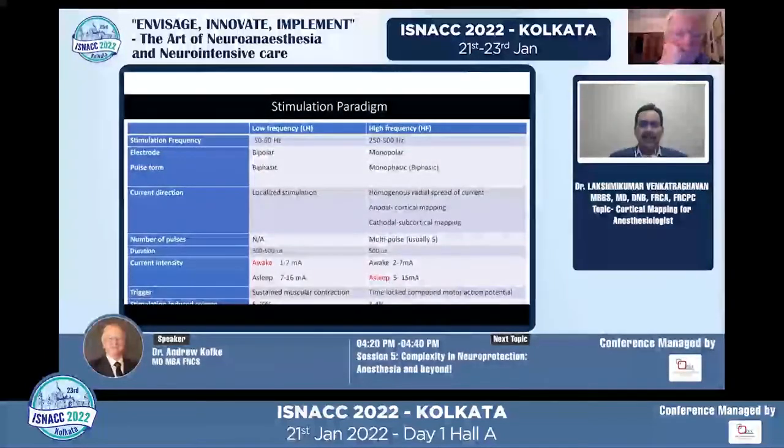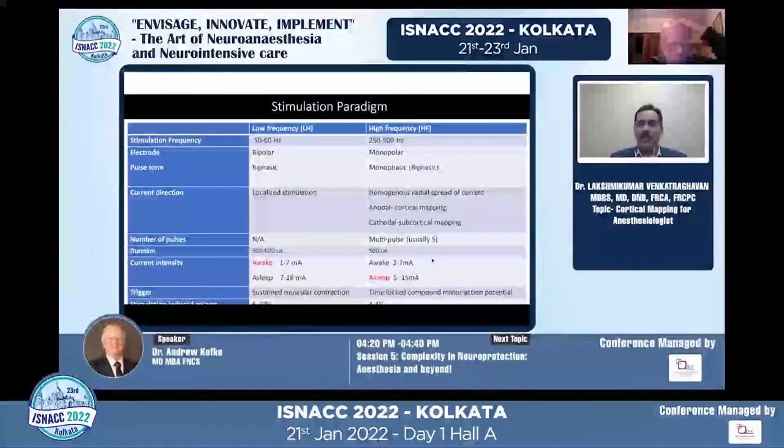As you also notice, there are different types of electrodes and different types of pulse waveforms used. Generally, low frequency bipolar is predominantly used for an awake craniotomy, and mapping under general anesthesia is typically high frequency with a train of 4 or 5 with monopolar, either monophasic or biphasic, especially if you're going to do subcortical mapping.